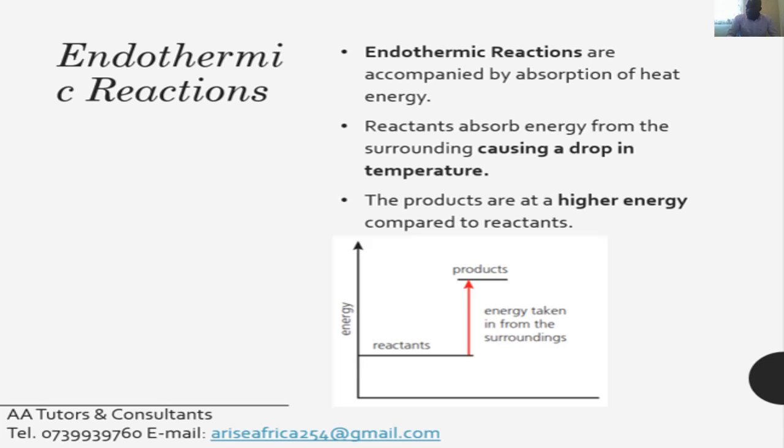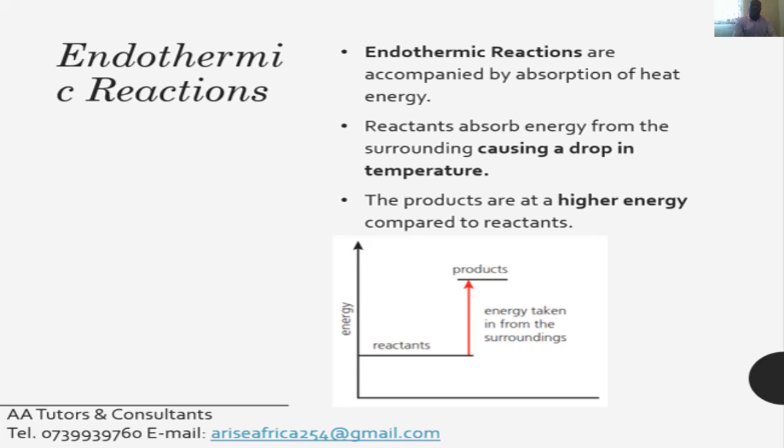The reactions absorb energy from the surrounding, causing a drop in temperature. Because of this drop in temperature, the temperature falls around the container so that when touched, it feels cold. The products, therefore, are at a higher energy compared to the reactants.